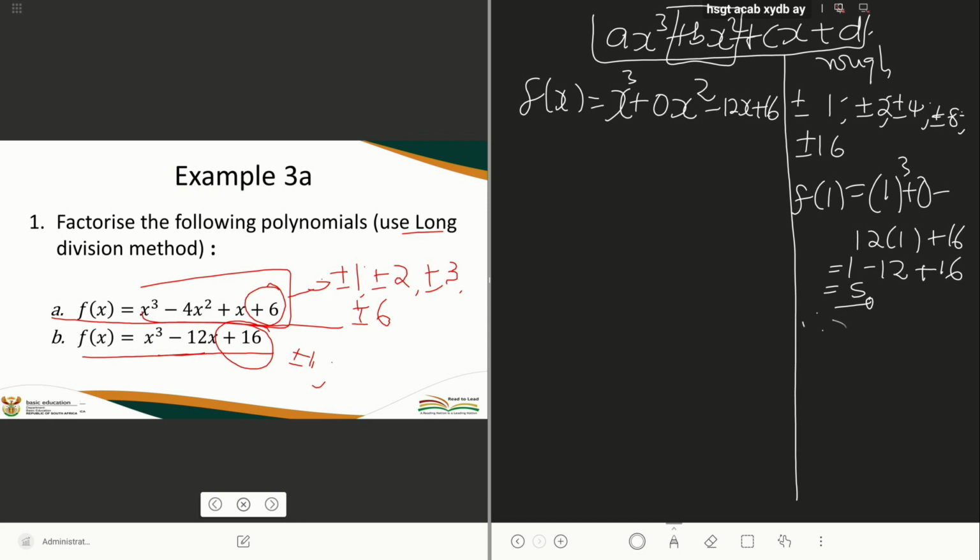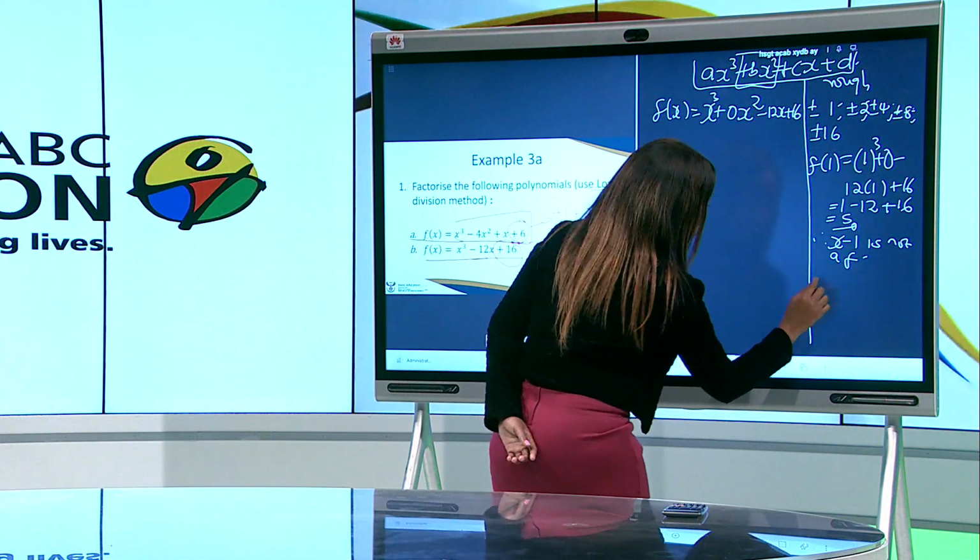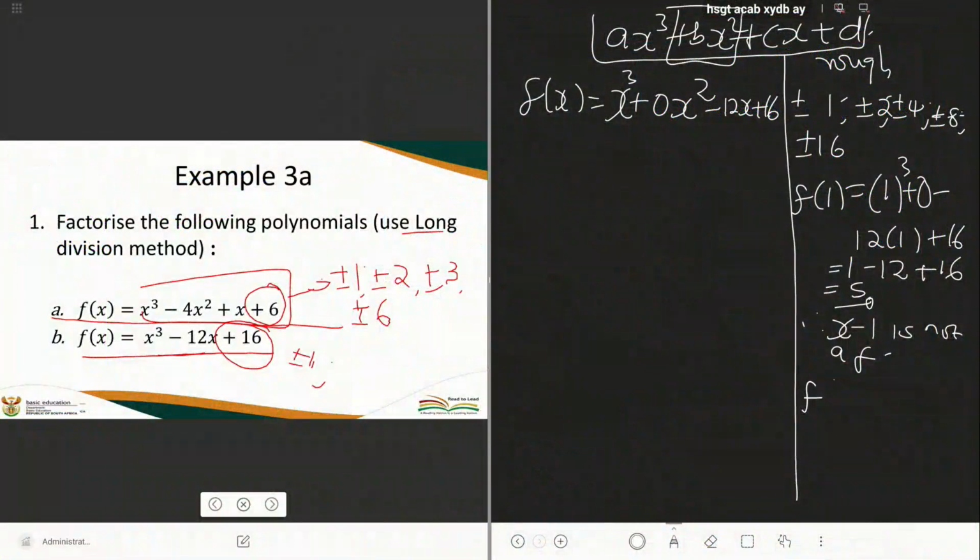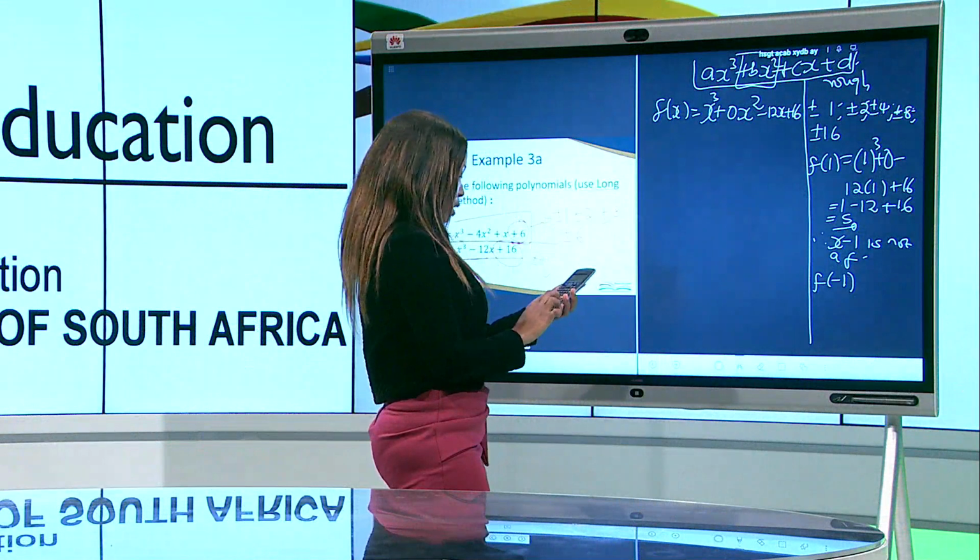It means x, look at the sign. If it's positive, you say x minus 1. It's not a factor. Remember, you can use your calculator to check all the other factors. You can also test the other factors. F at negative 1. Let's make use of the calculator to save time. Your f at negative 1, you're going to substitute with your negative 1 there.